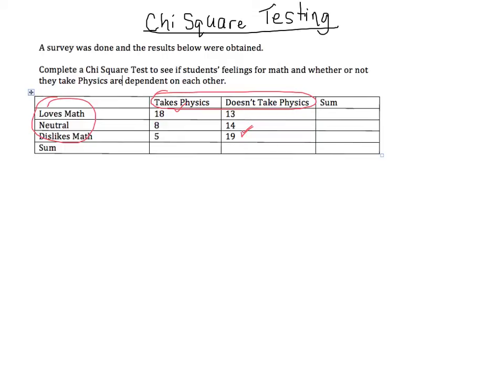The first thing that we have to do, or step one, is to create your hypotheses. So let's go with two hypotheses.